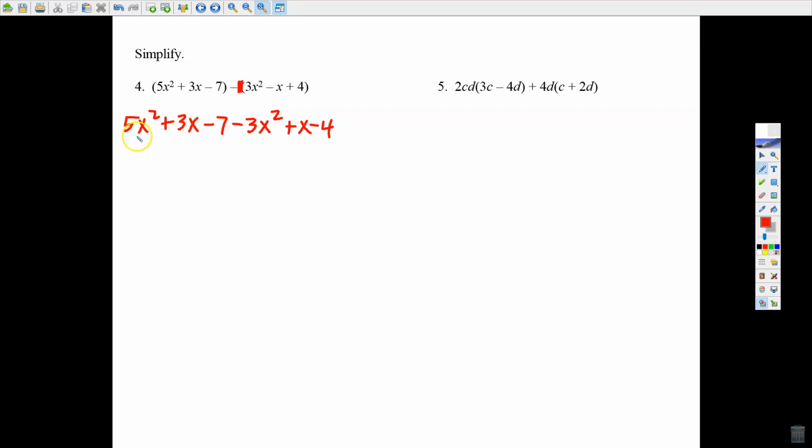So some of you are still stuck on adding exponents here. The only time I add exponents for variables is when I'm multiplying. I am not multiplying here. I'm adding. So I'm going to add 5x squared plus negative 3x squared. And that makes positive 2x squared.